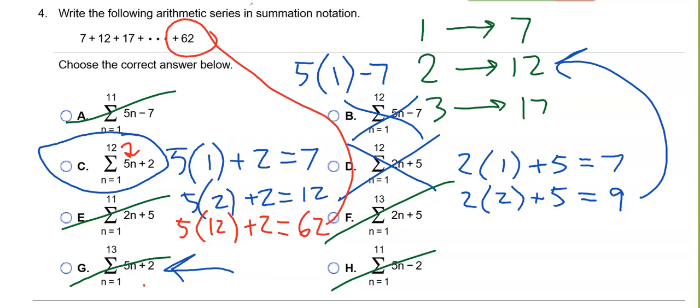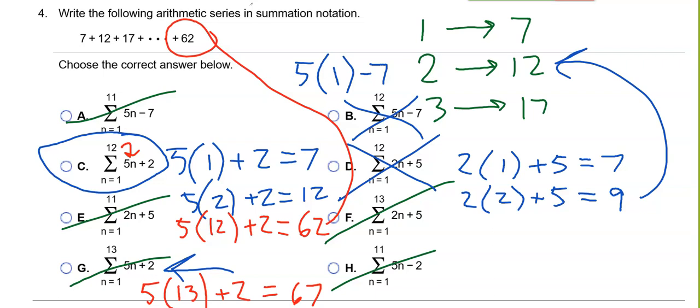But if you went down here to this one and did 5 times 13 plus 2, you'd end up with 67, which is not the last term. So you could just plug in the first and the last. That's an interesting thought. I don't know why I didn't think of that before now. But we could do that.